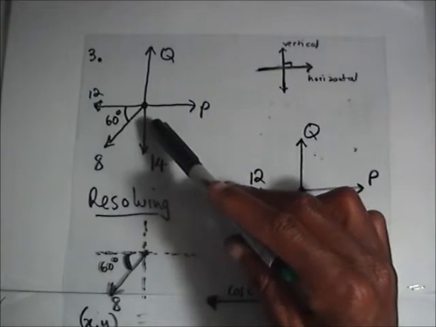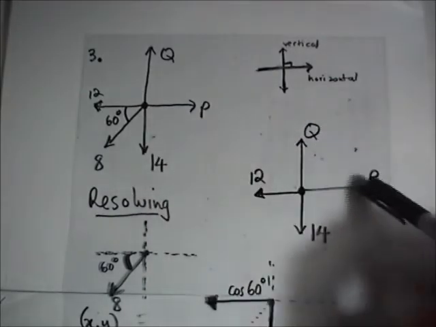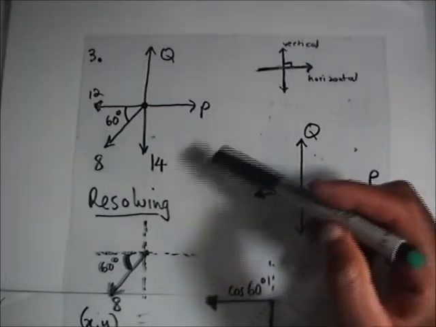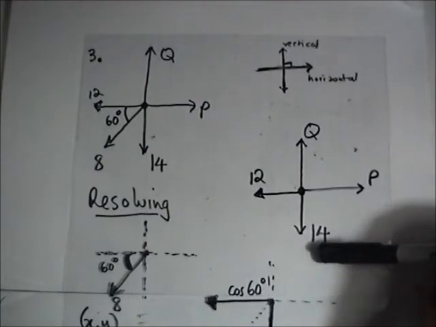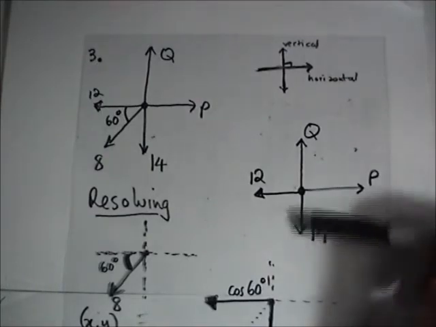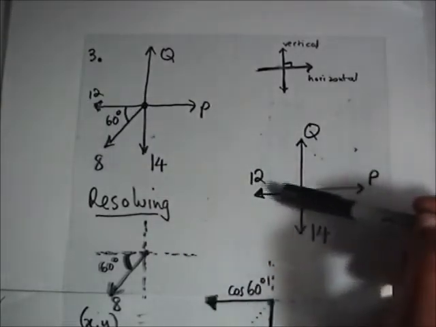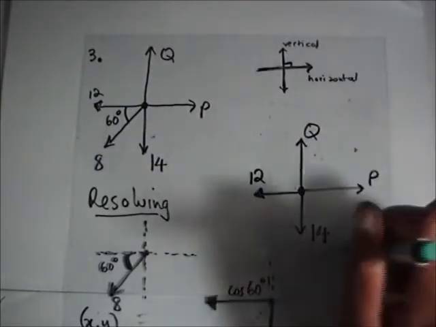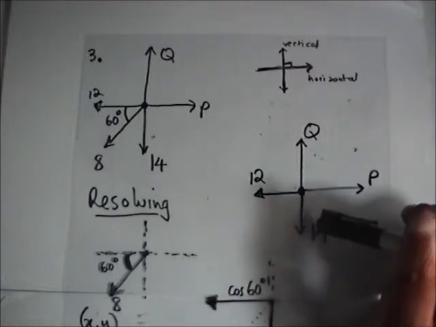P was horizontally to the right, so P just maintained its horizontal direction. 14 was vertically downward, so it maintained its vertical direction. And 12 was horizontal to the left. This is now a point that I skipped.